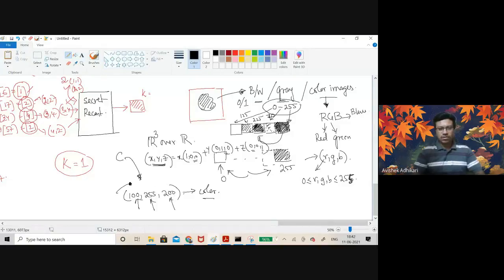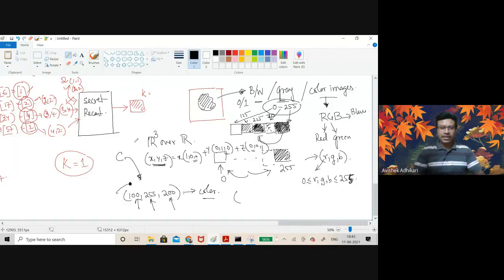So here also you can understand that this intensity value, R could be one of the bases, G could be one of the bases, B could be one of the bases. So if you have 100 into 100 plus 255 into 010 and 200 into 001, then that can be represented by a point on this color plane.